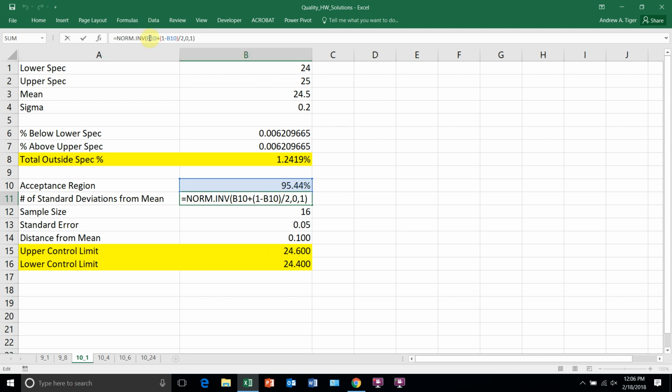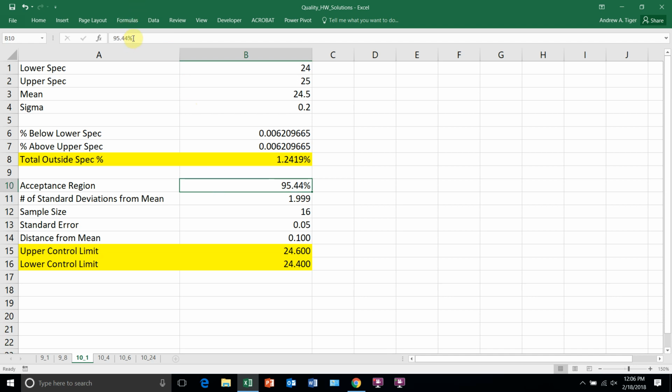If you look at how you calculate it, you take that 0.9544, which is the middle, and then I take 1 minus that value, then cut that in half, and that will give you your plus or minus how many standard deviations, which it turns out to be 2.